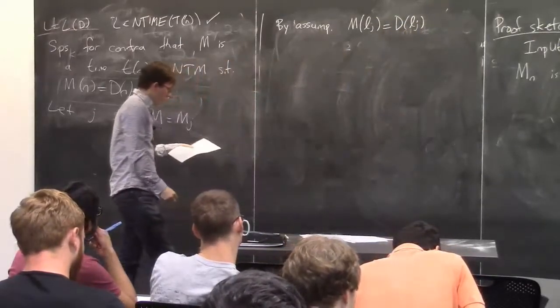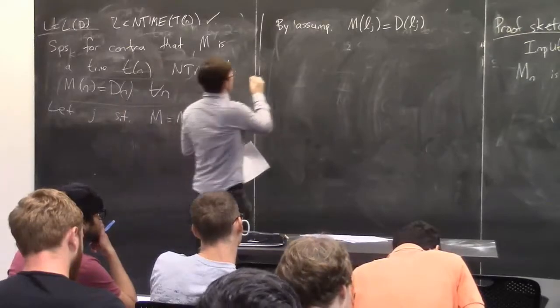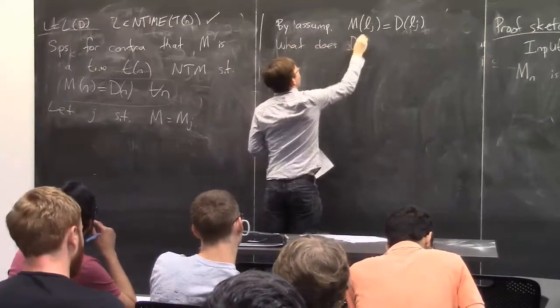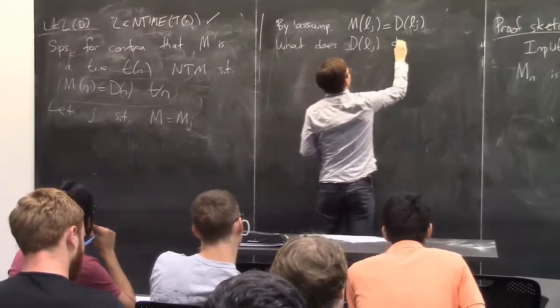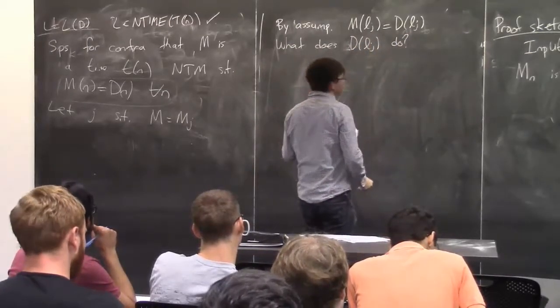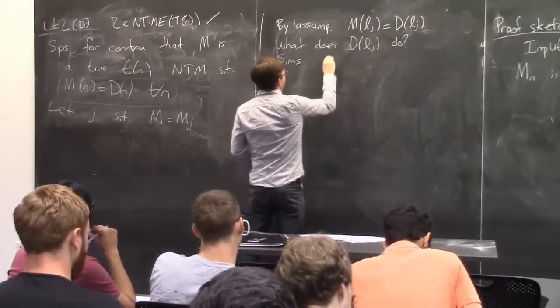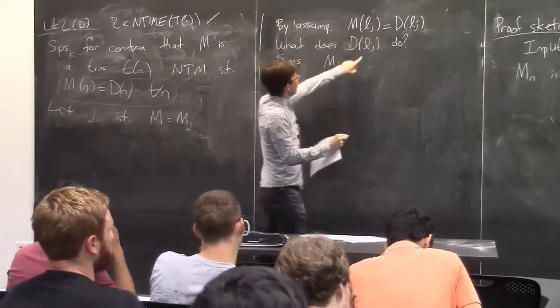But what does D on Lj do? Well, it simulates M sub j, because Lj is the input.